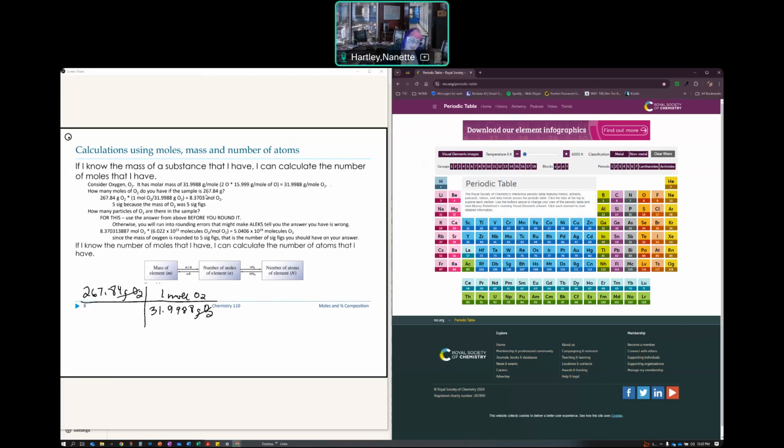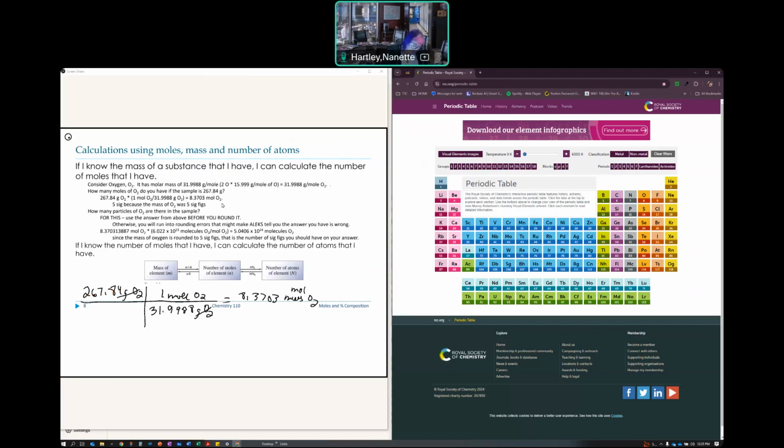Grams cancel, and I'm left with moles of O2. Okay. That tells me when I set that up that I have 8.3703 moles of O2, which we can symbolize as MOL. And it's 5 sig figs that I report because this number, 1, 2, 3, 4, 5 sig figs. I report 8.3703.